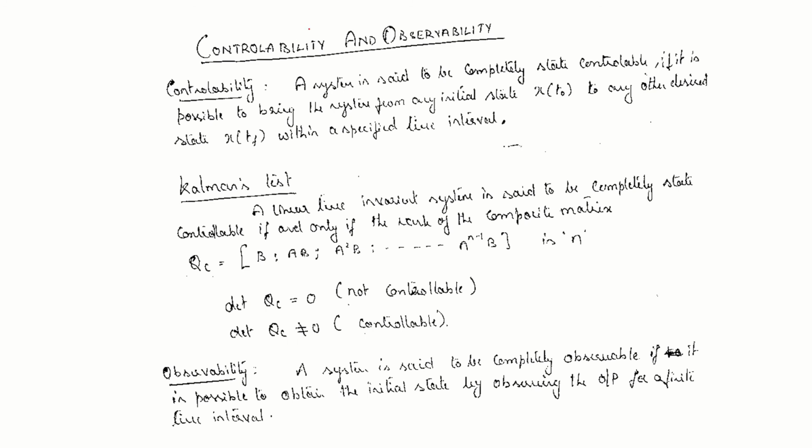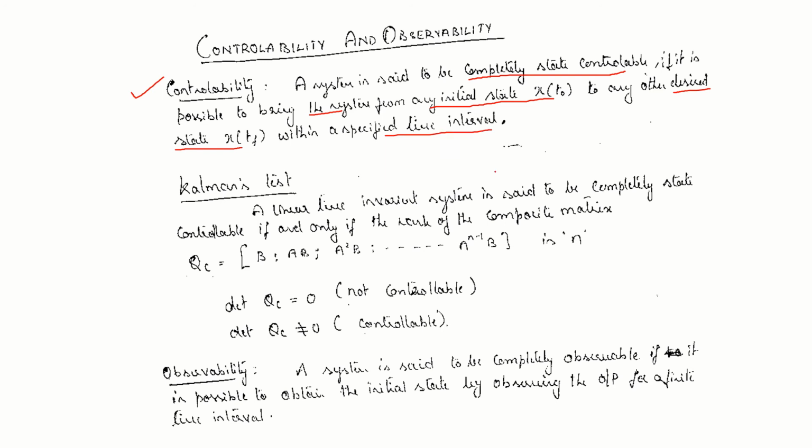Next, controllability and observability. What we mean by controllability? A system is said to be completely state controllable if it is possible to bring the system from any initial state x of t naught to any other desired state x of tf within the specified time interval.